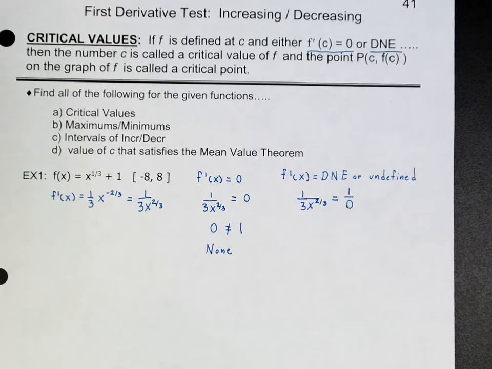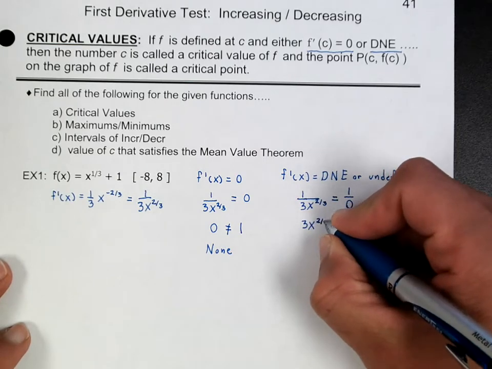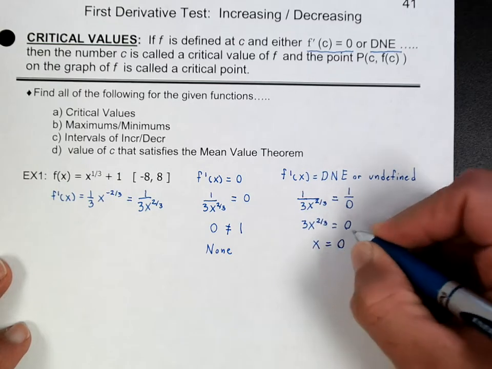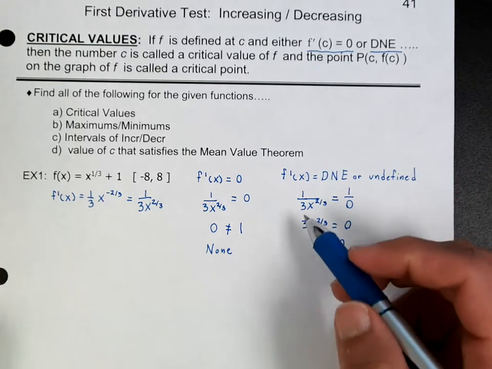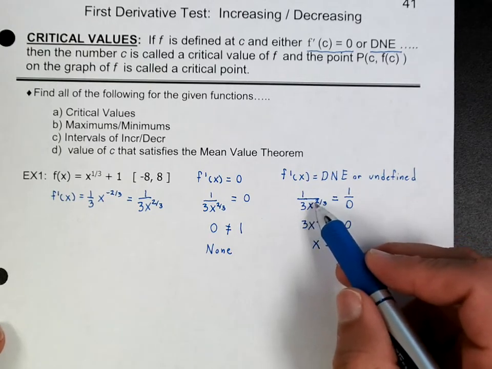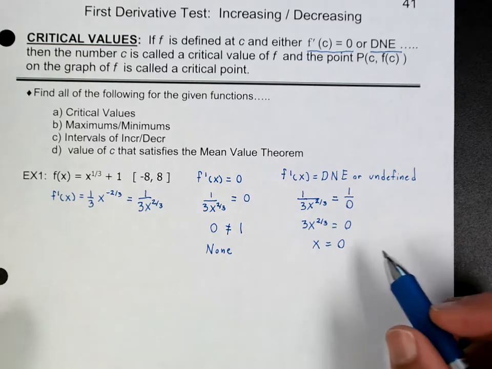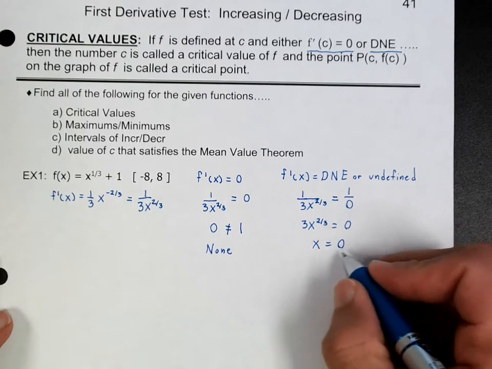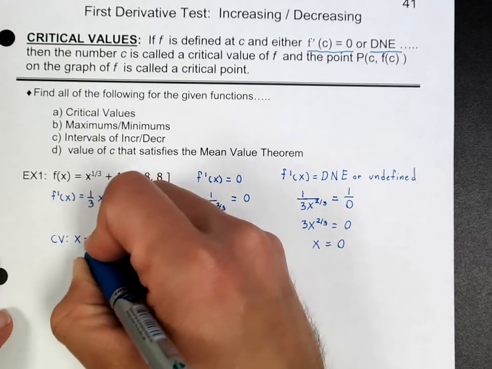I like to do that sometimes. I'm not really sure that it works every time, but if I cross multiply, I would get this, which implies that x is equal to 0. That would be easy to tell even at this point. If I plug in a 0 for x, I cannot divide by 0, so at x equal to 0, my derivative is undefined. Therefore, I did find one. My critical value is located at x equal to 0.